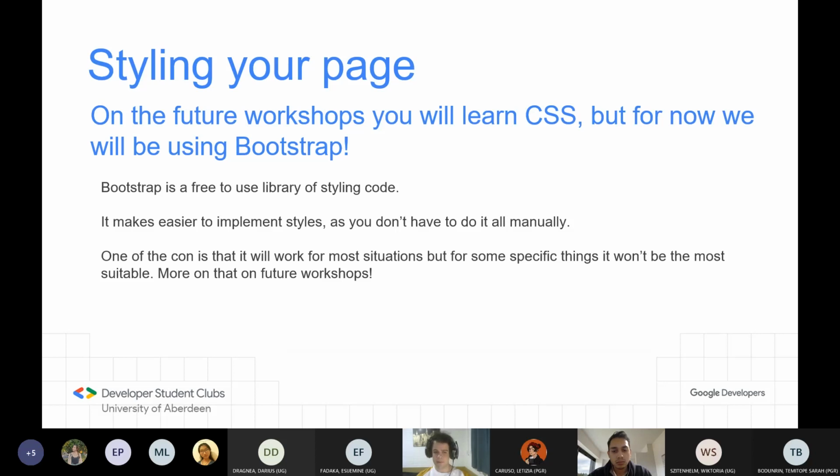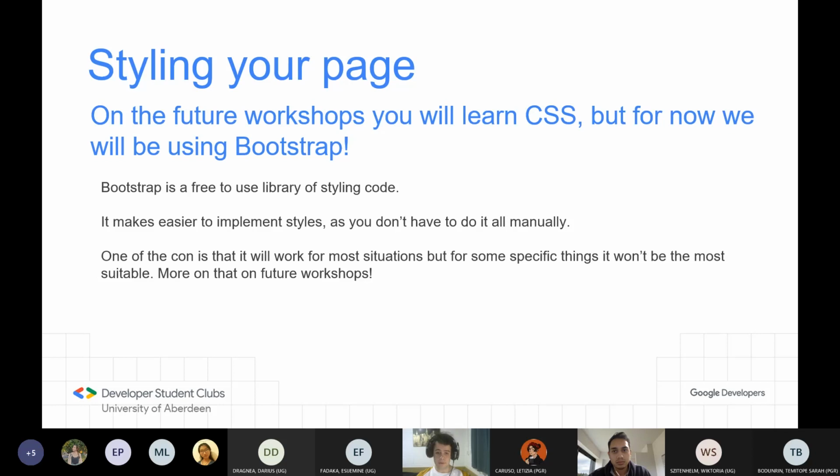Now we're going to talk about styling your page. Now that we have a basic page going on, let's try to make it look a bit better. As I said, we're not going to be talking about how to use CSS in this workshop. So instead of going through everything from the beginning and explaining how to use CSS, we're going to use a CSS library called Bootstrap. It provides you with already predefined styles so you can quickly apply them to your code and make your website look much better.